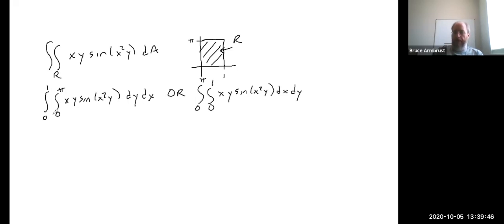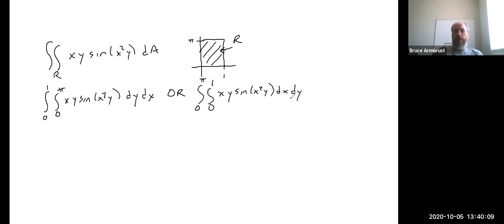Yeah. All right, so now we have to decide which one we want to do. Do we want to integrate with respect to x, or do we want to integrate with respect to y? Okay, so Victor just said, if we use dx dy, it looks like we can use u sub.